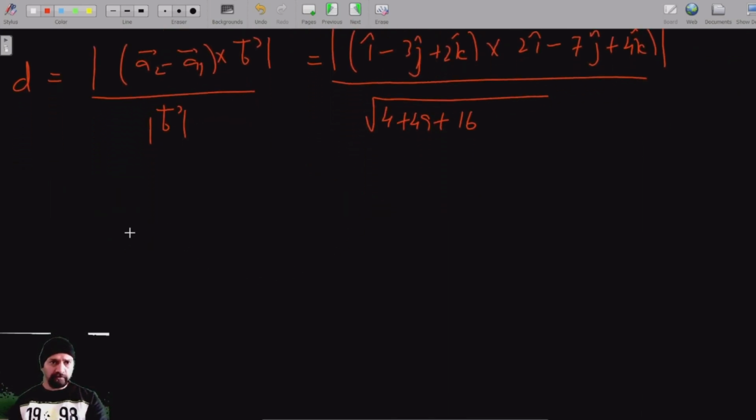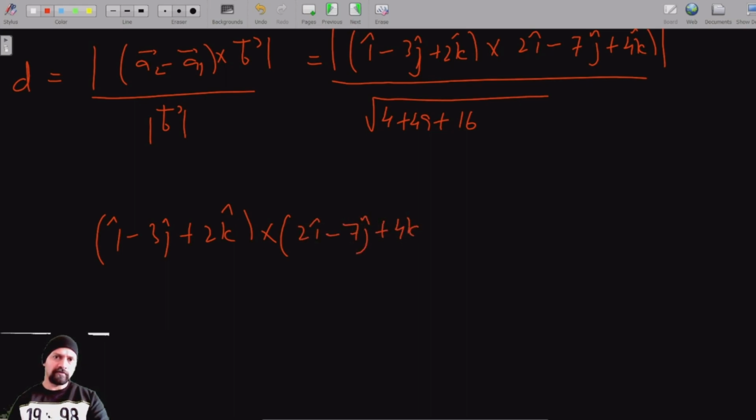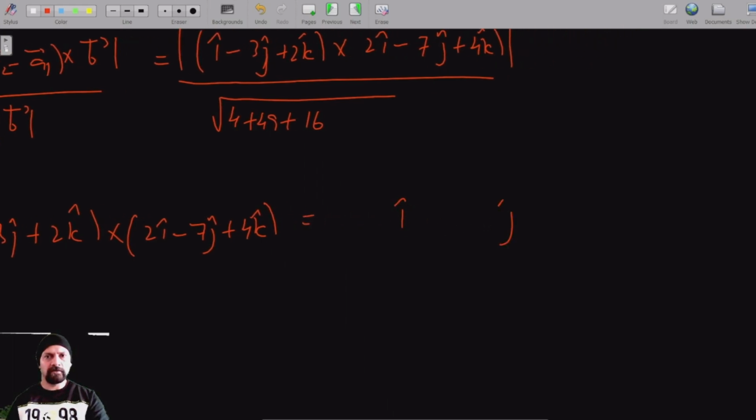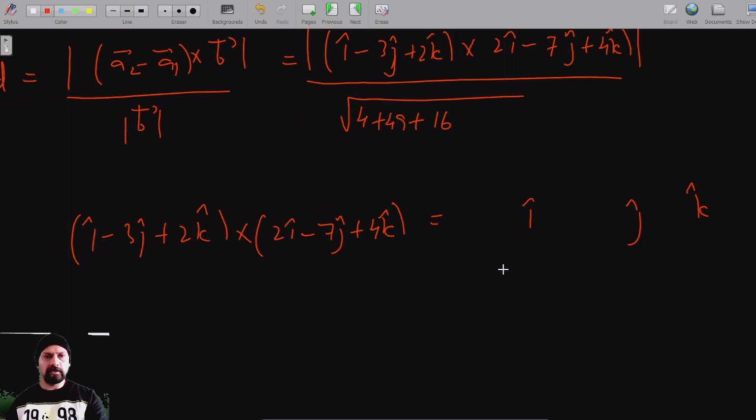Let's find out the cross product. So the cross product of i cap minus 3j cap plus 2k cap with 2i cap minus 7j cap plus 4k cap is equal to the determinant of i cap, j cap, k cap, 1, minus 3, 2, 2, minus 7, and 4.